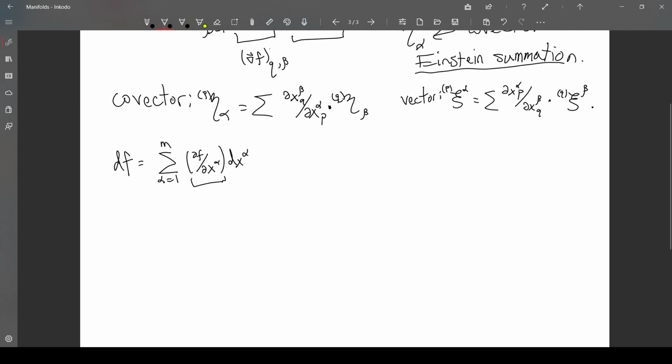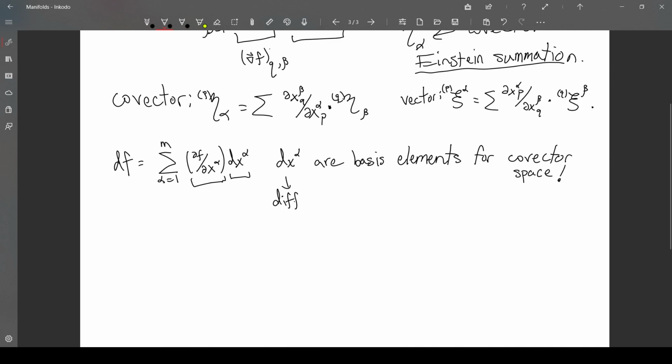Essentially what this is saying is that these are the components of our covector, which means we can take the dx alpha, our basis elements for covector space, and these are what we call differential forms.